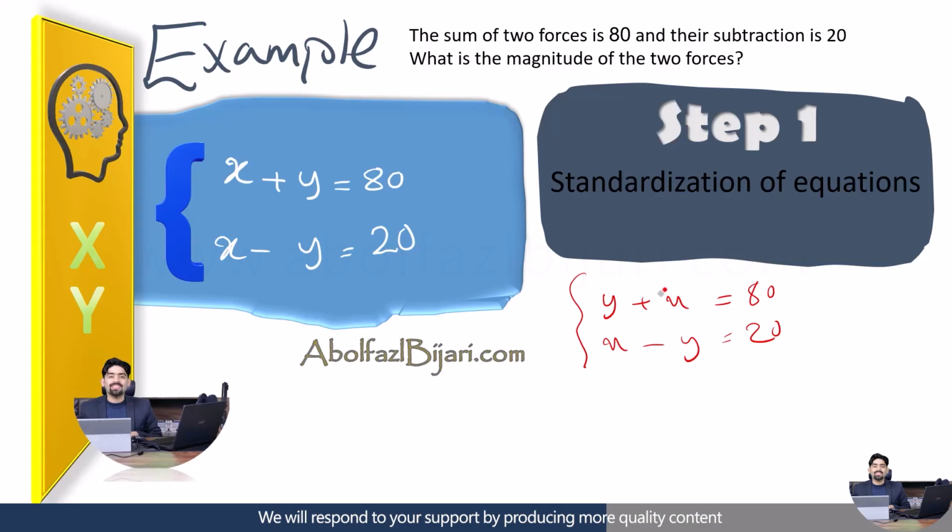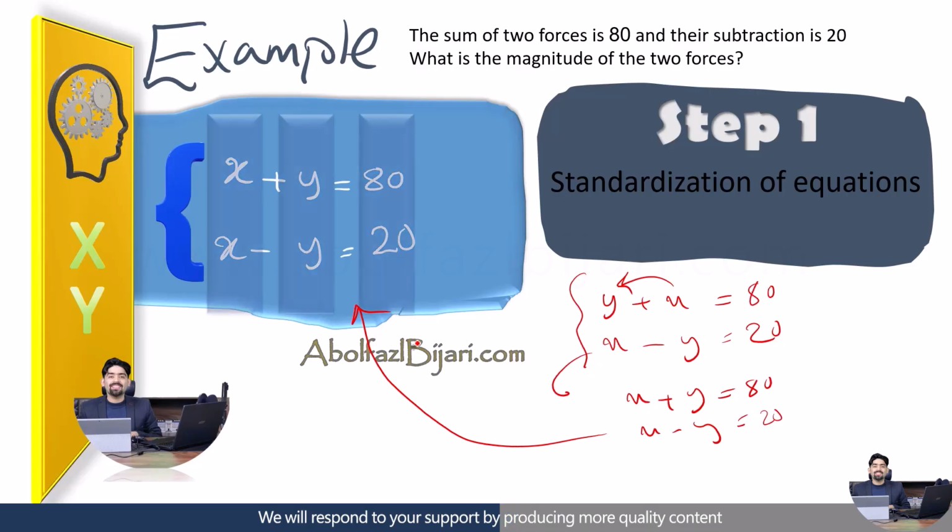And you must replace x and y and rewrite the equations. And the second one, 20. And you see the pictures. Rewrite again so that when we write the two equations, the left side contains x and y, and the numbers are in a column.